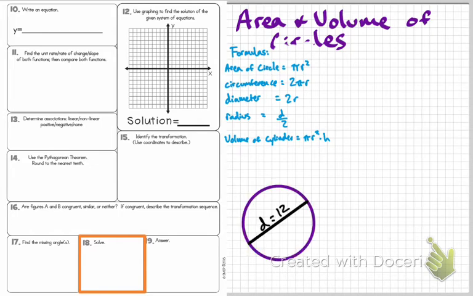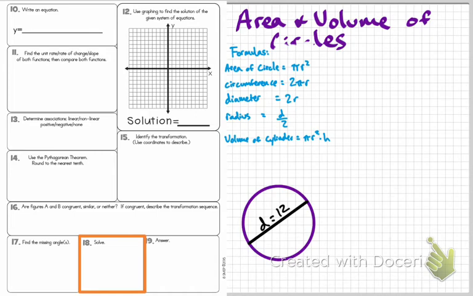Here, I have a circle that has a diameter of 12. Remember, the diameter is the distance across that runs through the center of the circle. Well, I'm going to look at my formulas and notice that the only formula that uses the diameter is the radius.